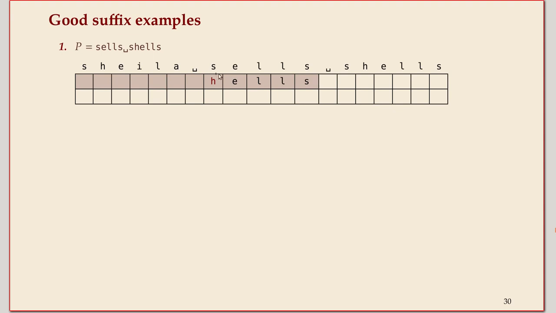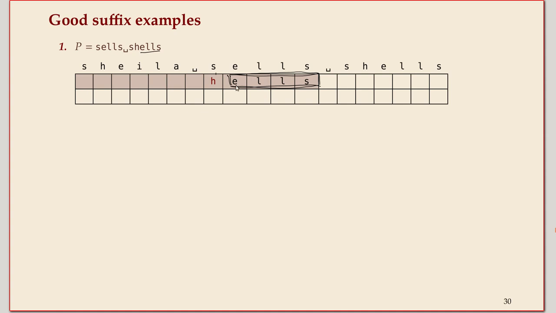OK, the first heuristic would look at this character and try to shift the pattern and so on and so forth. The second heuristic looks at this matched part. And it asks, where does this occur elsewhere in the pattern? Does it occur somewhere before? And if it does not occur somewhere before in the pattern, we can actually shift behind this.